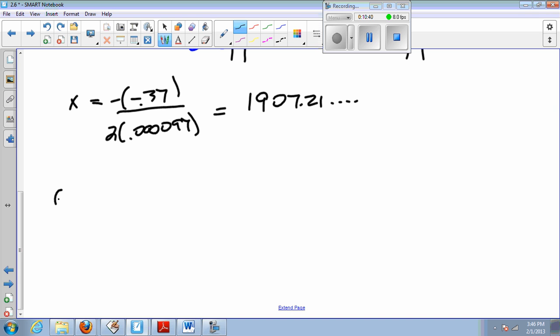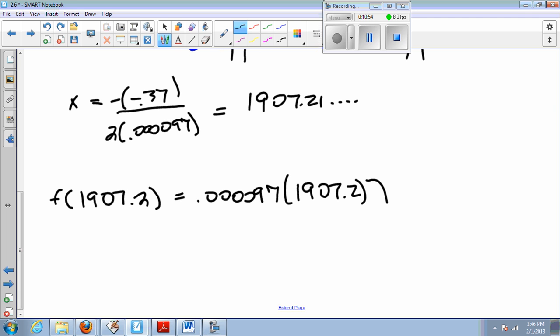So now we need to work out f of 1907.2 equals 0.00097 times 1907.2 squared, minus 0.37 times 1907.2 plus 549. So of course you would want to use a calculator for this problem.